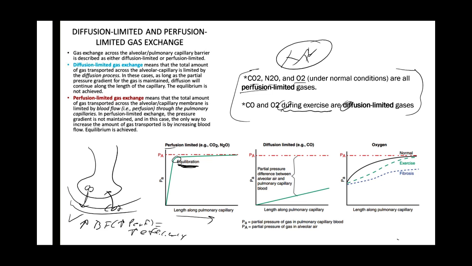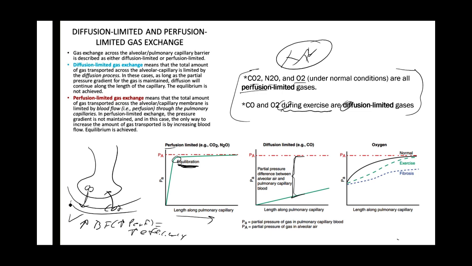Now, diffusion limited means that, basically just flip your thinking, the opposite is true. So equilibrium is not achieved. See this difference here. So what that means is as long as the gradient is maintained, the diffusion will occur.